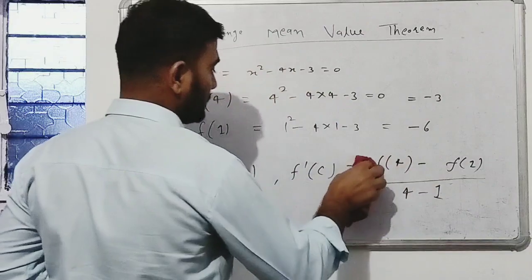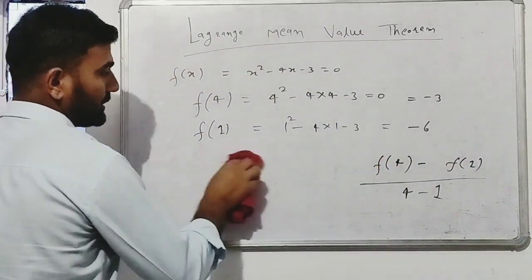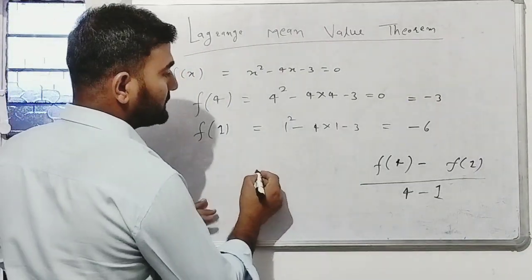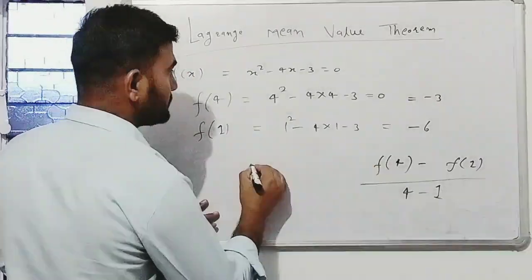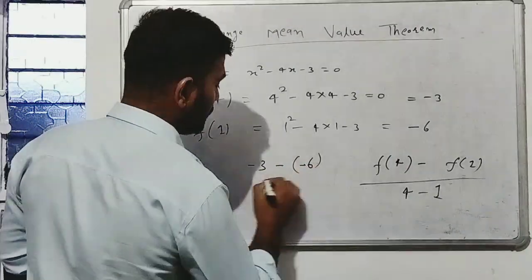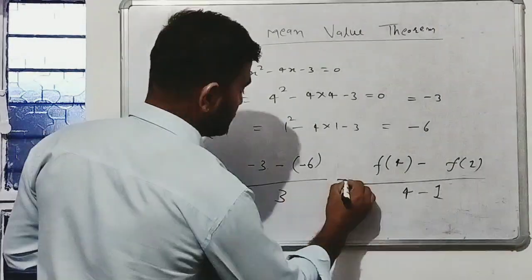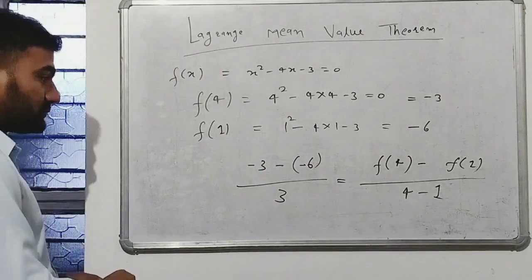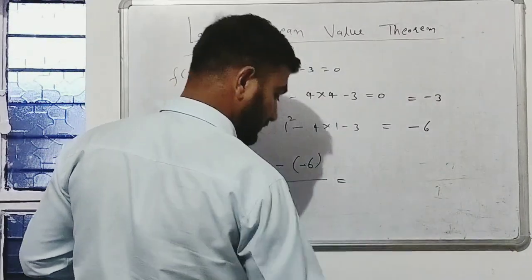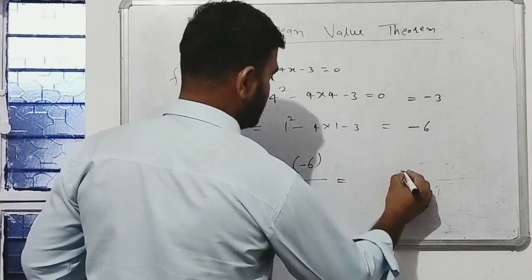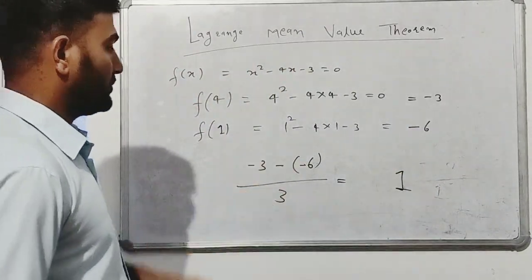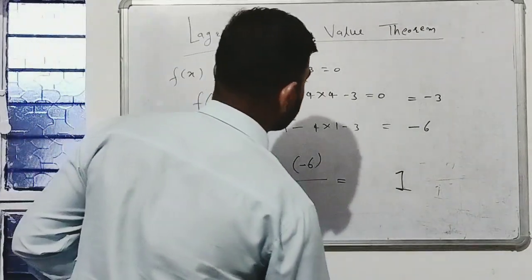So the value of the expression f4 minus f1 upon 4 minus 1 can be written as f4 is minus 3 and f1 is minus 6, so f4 minus f1 upon 3. Now this value will be equal to minus 3 plus 6 upon 3, that is equal to 3 upon 3, that is 1.